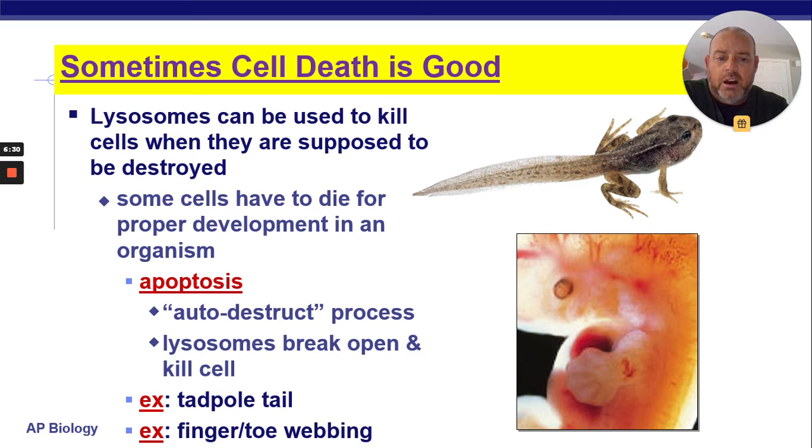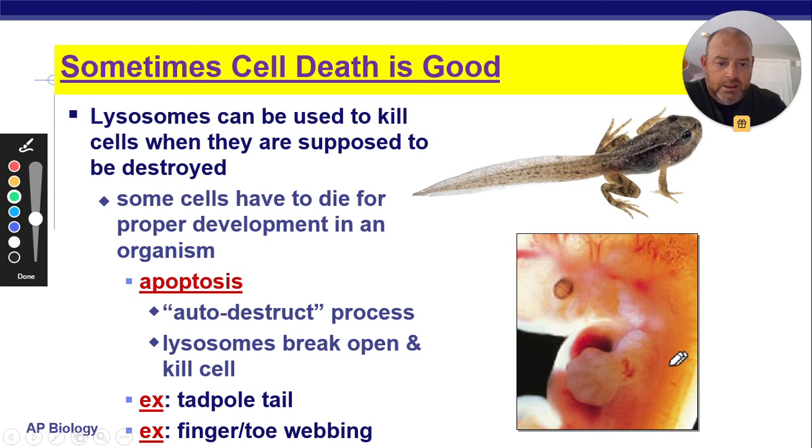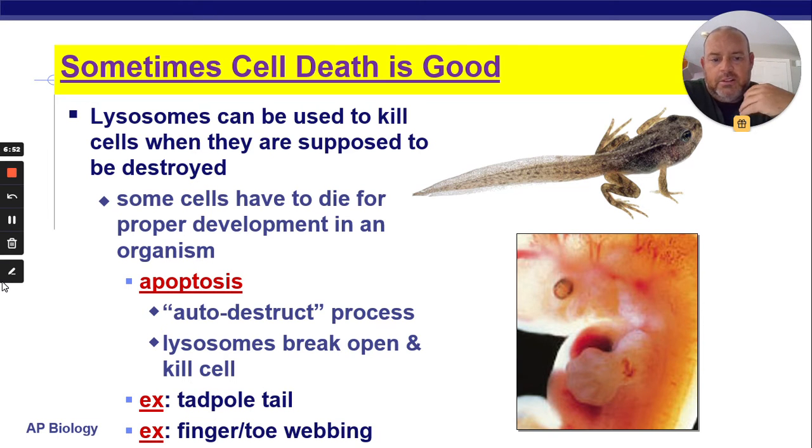That's one way. Also in humans, if you look right here at this picture, here's an eye, here's an arm, and this is the hand. You can look closely in there and see where the fingers would be, at least some of the fingers, as they're forming. Look how much webbing is between the fingers.